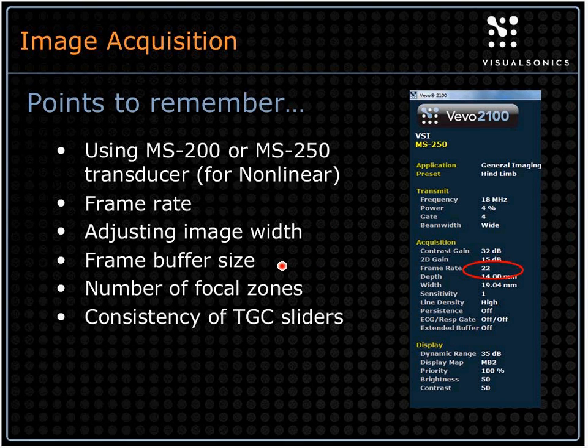One point to add with the frame buffer size, which you can have a nice effect on, is if you go to the preferences window on your system, just hit the prefs key, you'll notice frame buffer sizes for the different imaging modes. And in the contrast modes, nonlinear and linear, you can actually use an extended buffer.